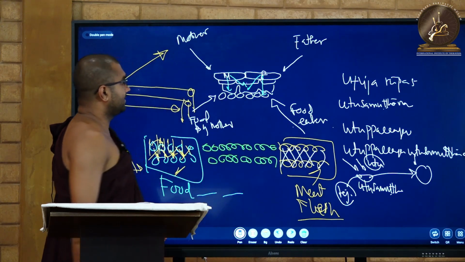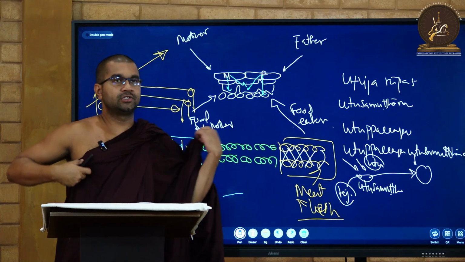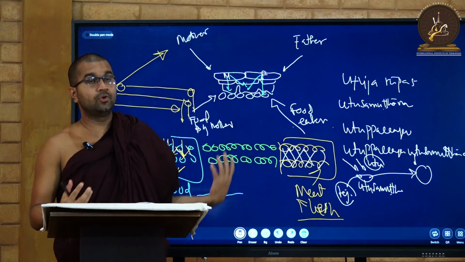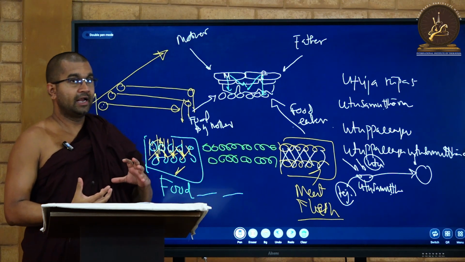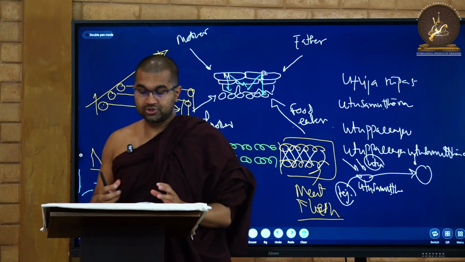We have the four primary sources. So the Utuja Rupas that are accumulated into the body should be considered as the first Utuja Kalapas.